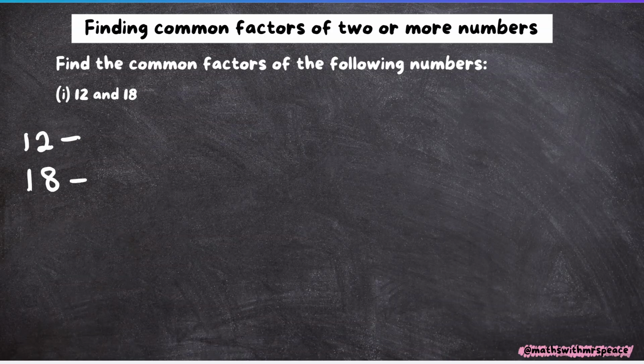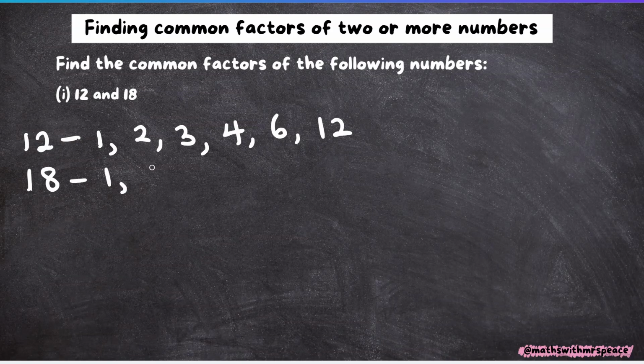So the factors of 12 are 1, 2, 3, 4, 6, and 12. And the factors of 18 will have 1, 2, 3, 6, 9, and 18. So these are the factors of the both numbers.